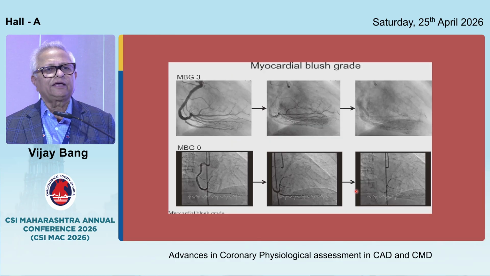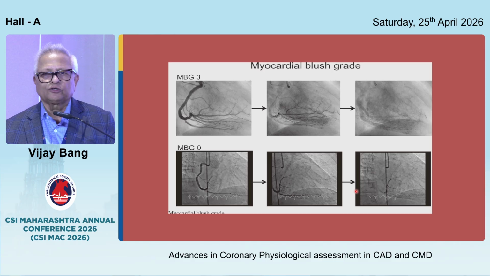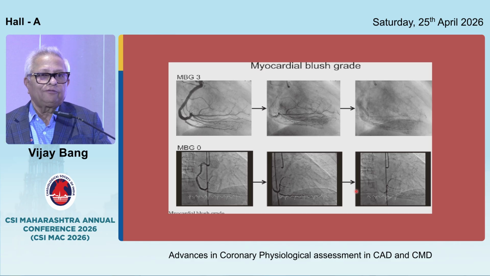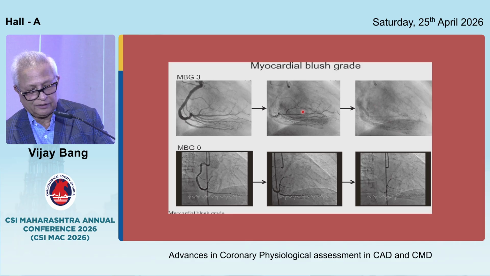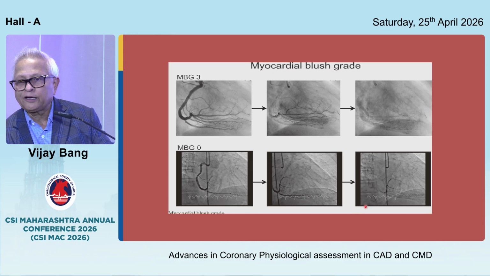Can we get an idea on angiography? If you have slow flow, that means entry into the microcirculation is problematic, having some difficulty. But if you look at the myocardial blush grade, in normal you can see blushing of the myocardium, but in a patient who has microvascular disease, there is no myocardial blush.